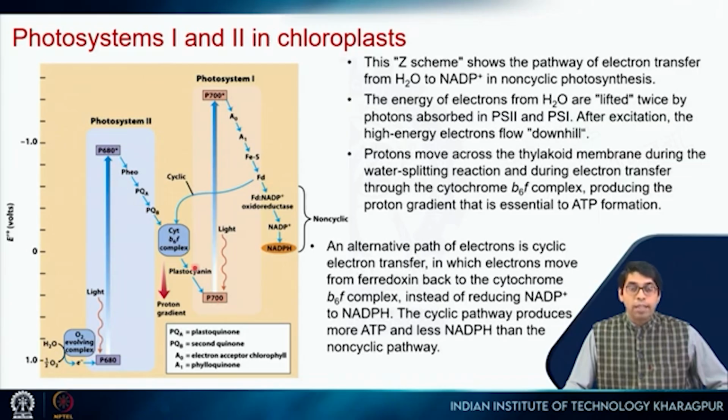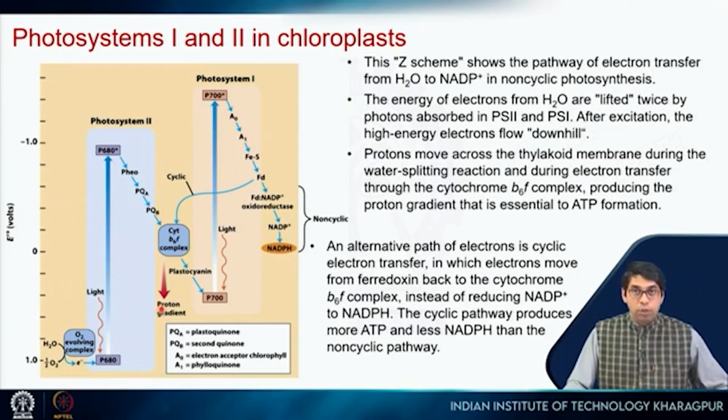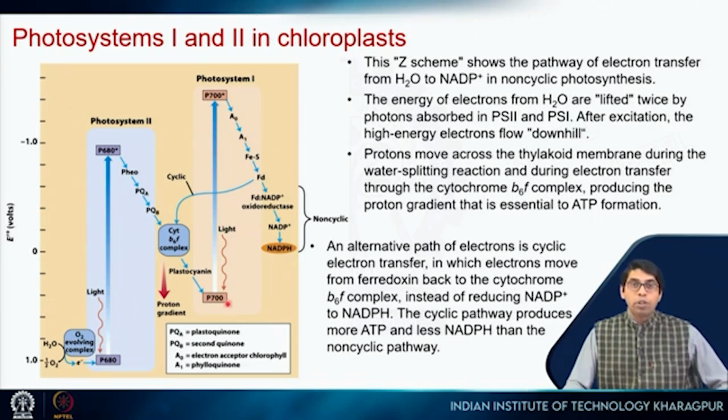Now, while it is handed down by all these carriers, it passes through this cytochrome B6F complex, and when it passes through this, it results in pumping of protons. So some of the energy is used to pump out some proton ions. We will see exactly how many in the next slides, right? So this electron has lost its energy. In photosystem 1, another photon of light is used to further excite it, right?